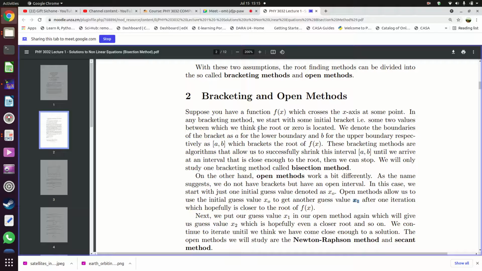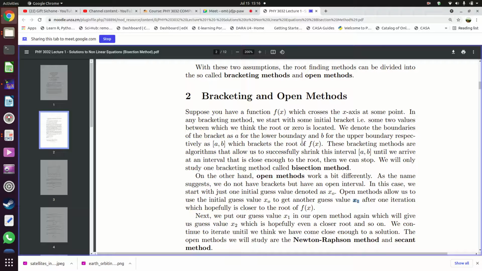If you have chosen a bad guess, the open method can give you something which is further away, worse than what you started with. So what you're hoping for is a value of x which is better than what you had, taking you closer to the actual answer.